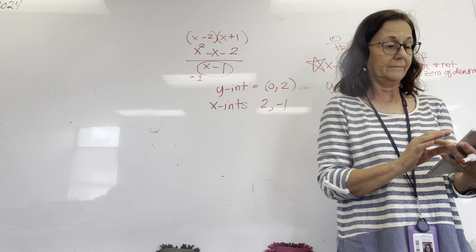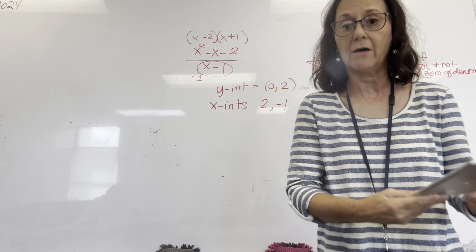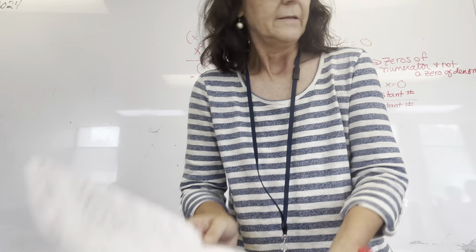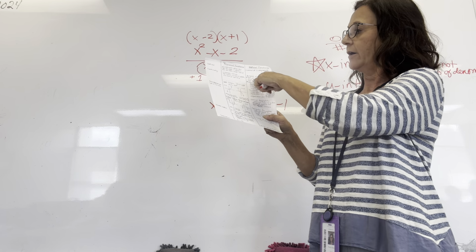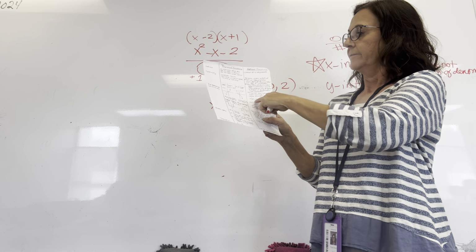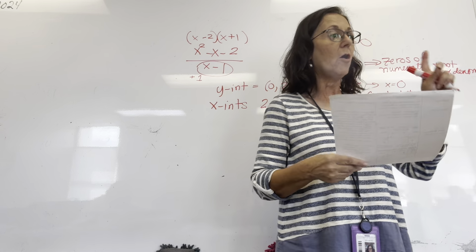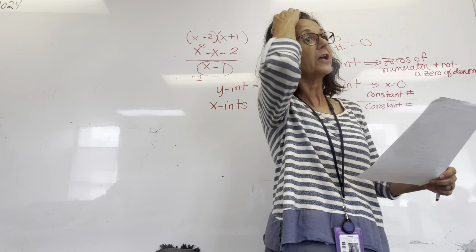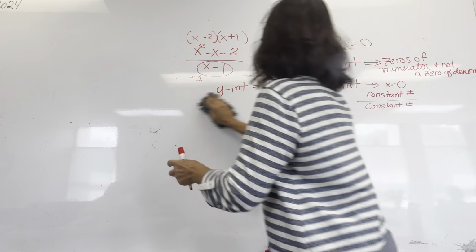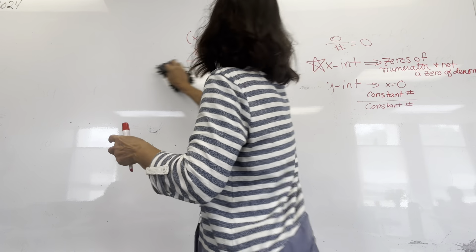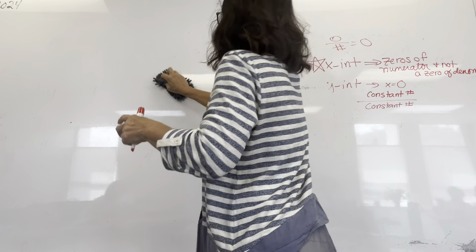Got it? Now I want to talk about asymptotes and holes. So I want to talk about holes first, and then we're going to go over the examples. When is there a hole in the graph?